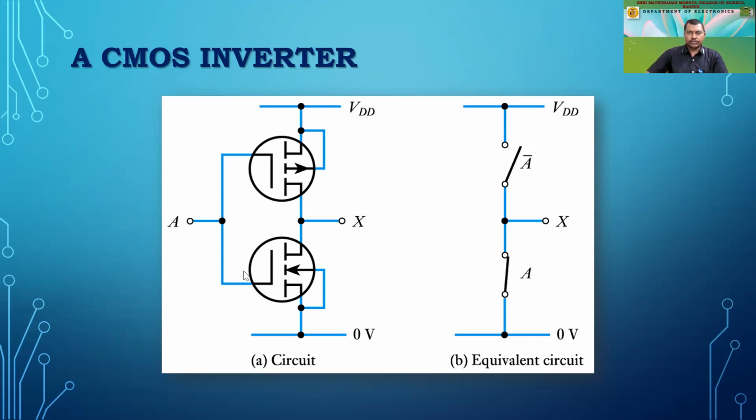So the lower MOSFET is going to conduct, whereas the upper MOSFET will not conduct. So it is disconnected from the positive supply, and it is connected to the ground. So automatically, as soon as we apply one over here, the output becomes low, right? So this is the truth table of the inverter.